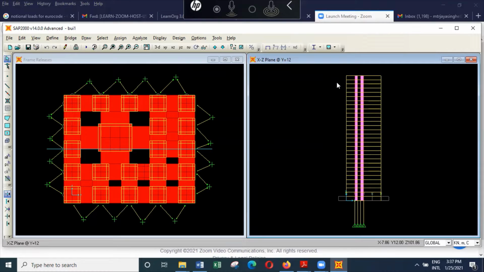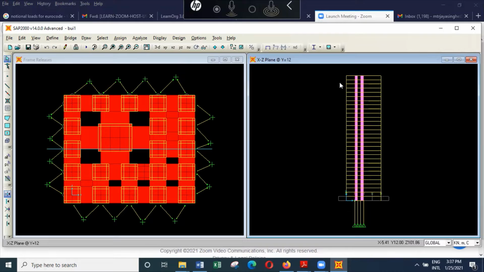Last time we saw that in the upper levels the wind load will be in the range of 1 kilonewton per meter squared. If you look at last week's example, the wind load is about 1 kilonewton per meter squared. So I'll take that value: 1 into 24 into 3.6 will give 86.4, multiplied by 0.5.